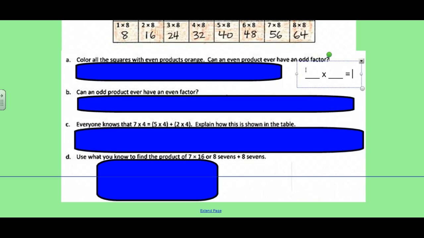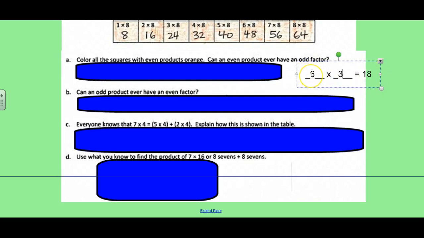Or let's say blank times blank equals, I'm thinking of, okay, 15, because that is an odd number. Or, sorry, it says, can it have an even product? So the product I'm looking for is 18. Okay, so you have to ask yourself, to get 18, what do I multiply? So you could do 6 multiplied by 3.